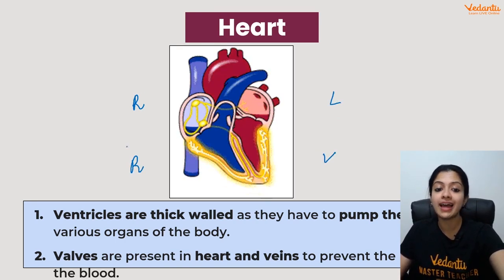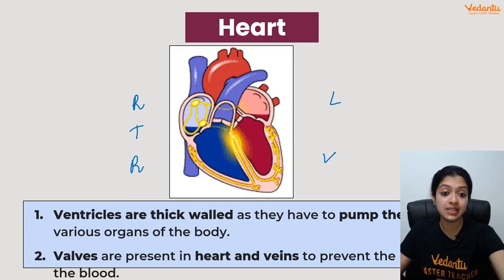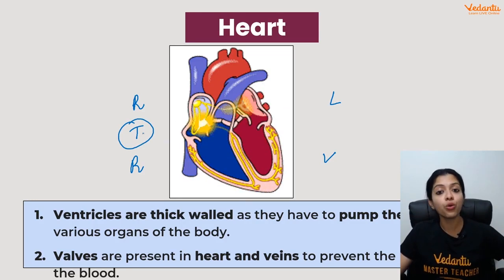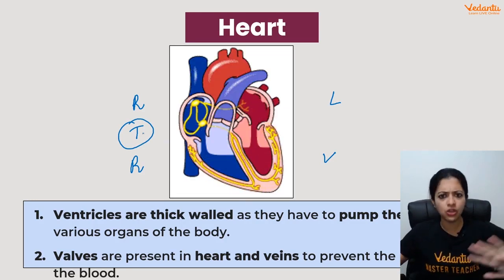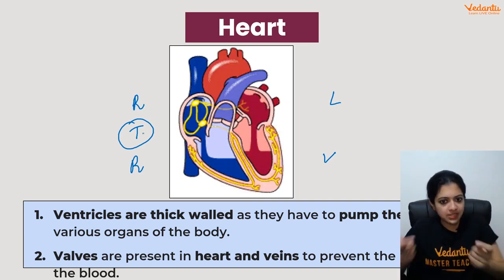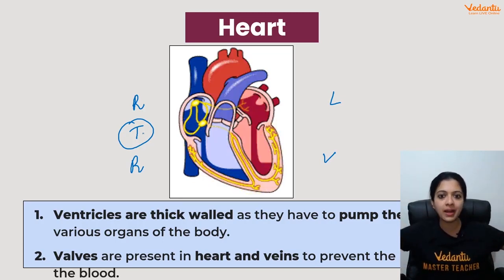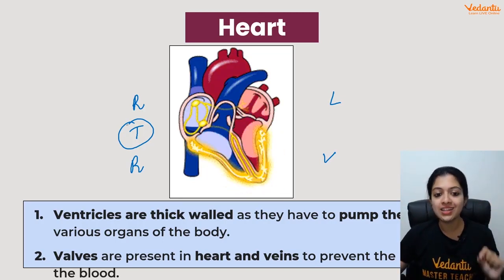Between the right auricle and the right ventricle, there is the tricuspid valve, so that blood doesn't flow from the ventricle back into the auricle. Because from auricle to ventricle, and from ventricle to every part of your body, that's how the pathway has to be. So this is your tricuspid valve.